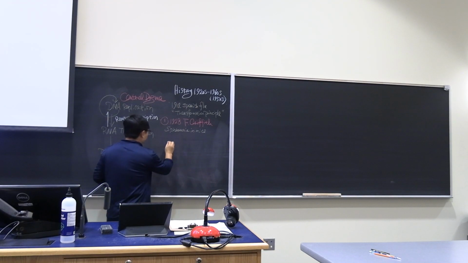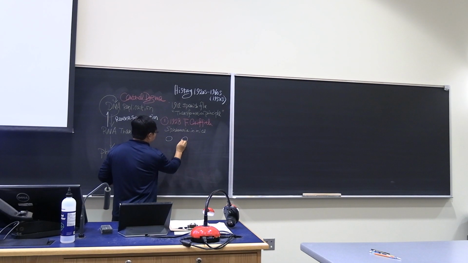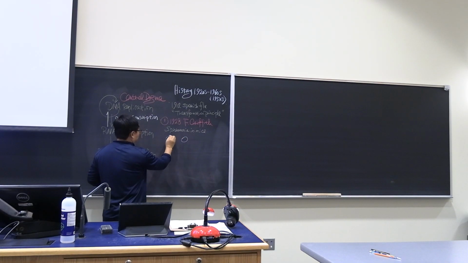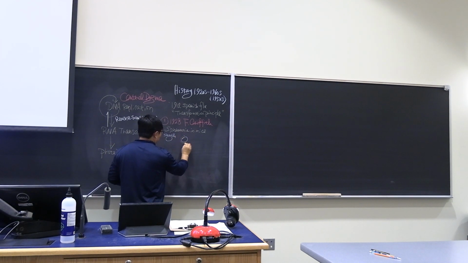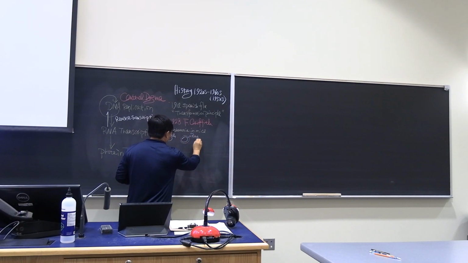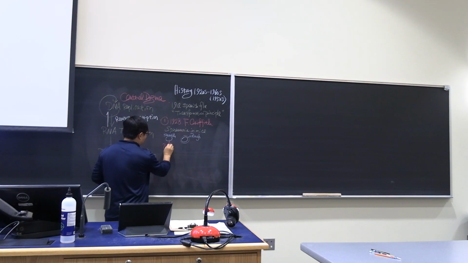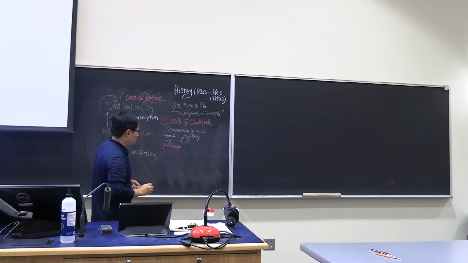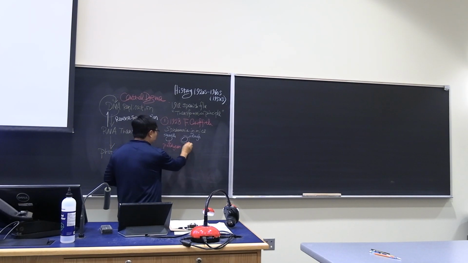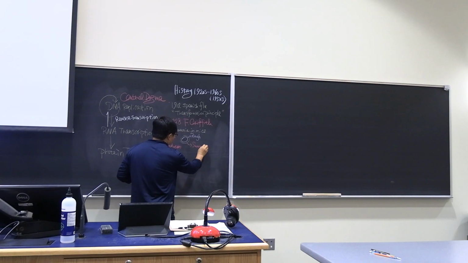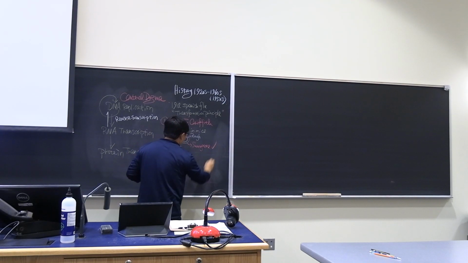There are different types. One type, the capsule is smooth. Another type, the capsule is relatively rough. Now the smooth one is a pathogen. What I mean is it will cause pneumonia and the mice will die. The rough one, we call it a surrogate, which means the mice can survive.